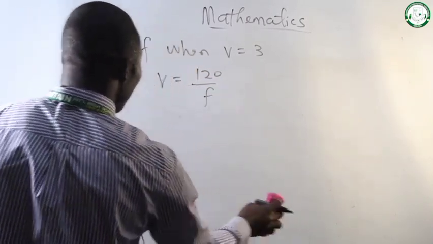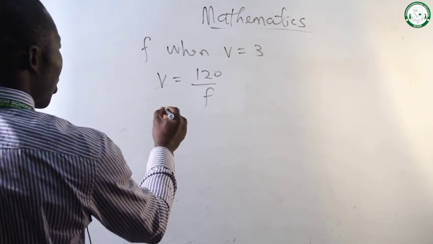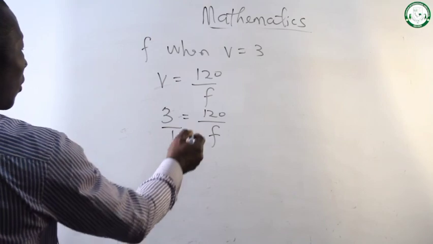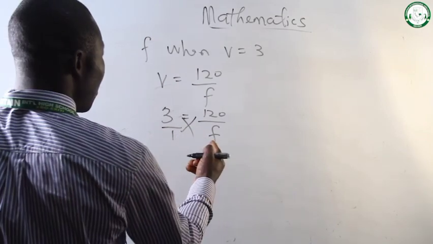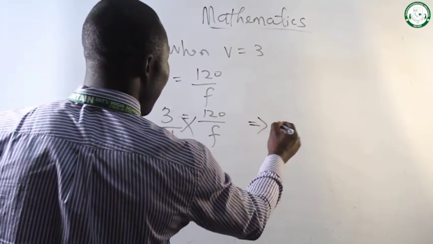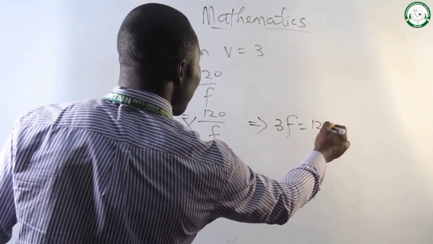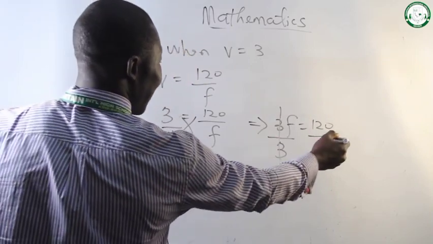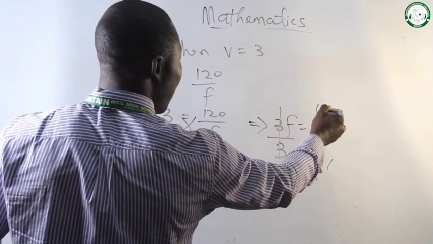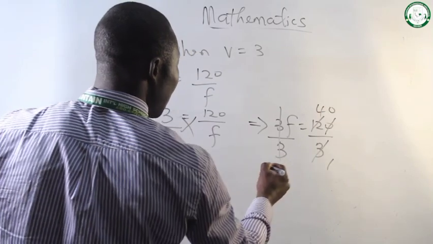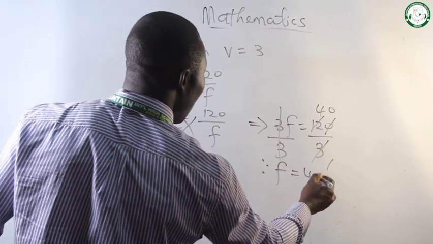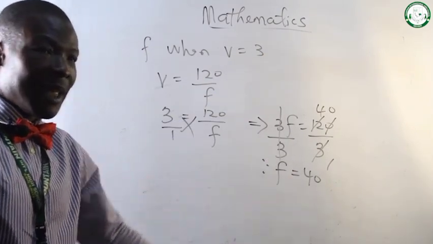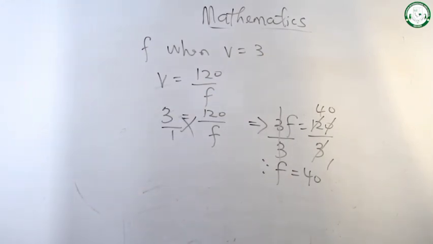So we have 3 equals 120 over f. We cross multiply as usual, and this gives me 3f equals 120. Divide both sides by 3: 3 divided by 3 is 1, 12 divided by 3 gives me 4, and the 0 gives me 0. Therefore f equals 40. It means when v equals 3, f equals 40.